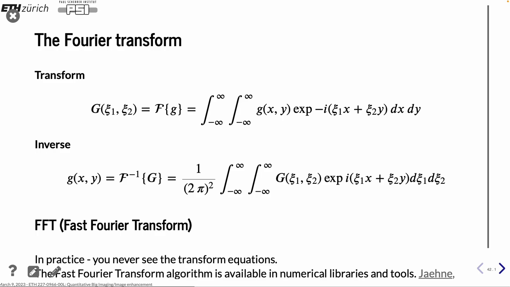So what we have is these 2 equations where we have the Fourier transform going from spatial domain to reciprocal domain, and the reverse transform that brings you back. For the daily work with images, you don't really need to know these equations, because it's implemented.